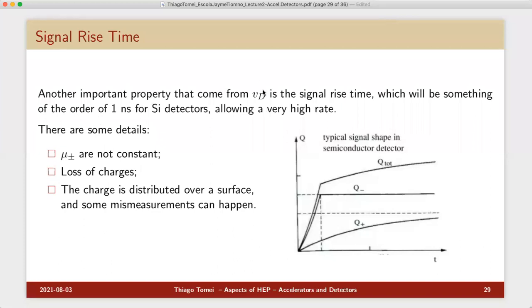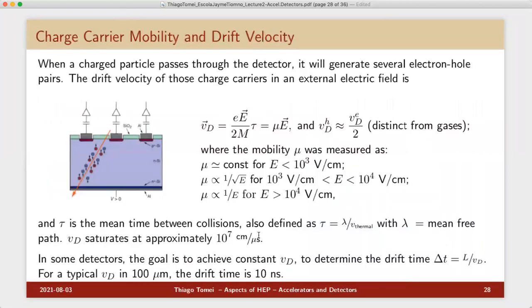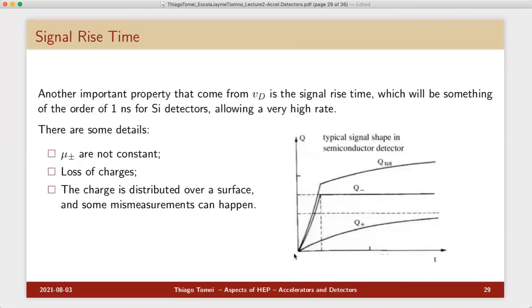One of the things that is particularly important for silicon detectors is that with the V drift, which, if I go back here for a second, is something like 10 to the 7 centimeters per microsecond, you start seeing the charge moving in your detector very fast.